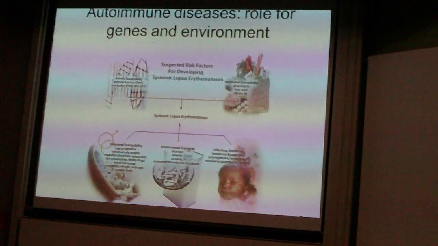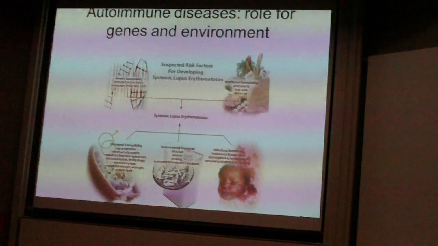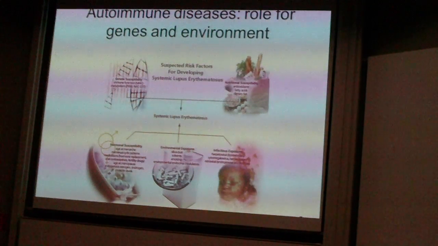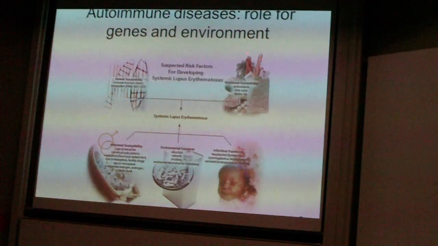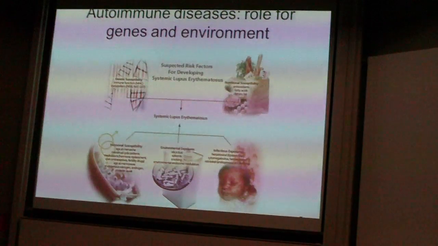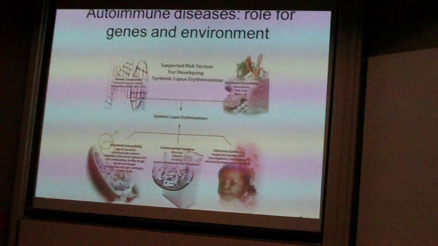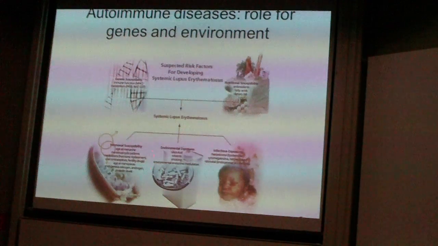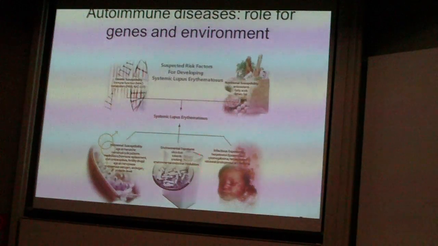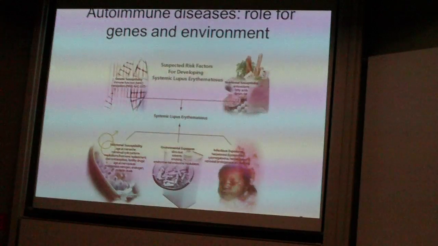In addition to those disease genes or susceptibility genes, you need other factors to develop such a disease. And in SLE, it's known that, for instance, components of the food can be important in developing the disease. Hormonal factors can be involved. Other environmental factors could be involved. And in many cases also infectious agents could be involved.